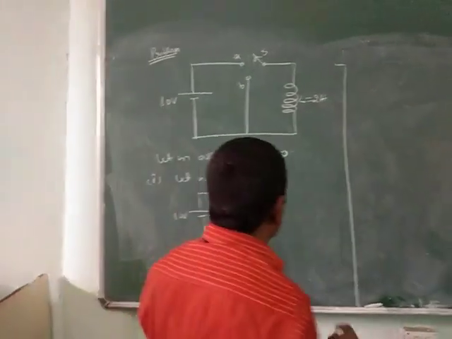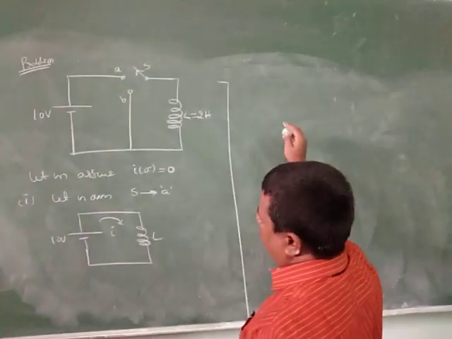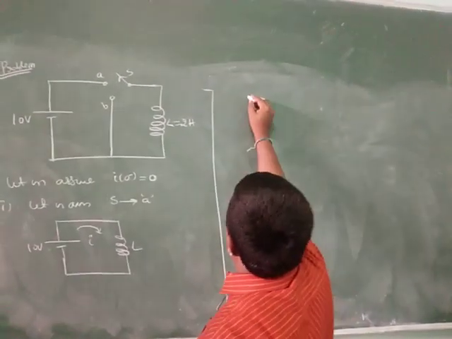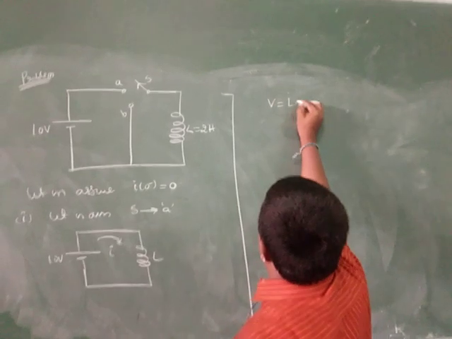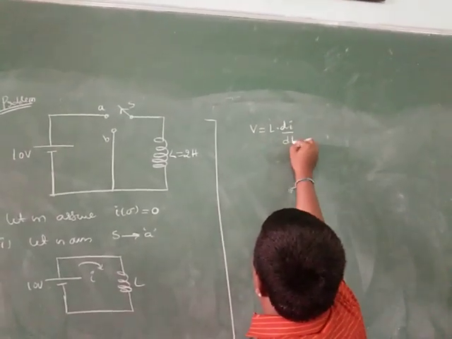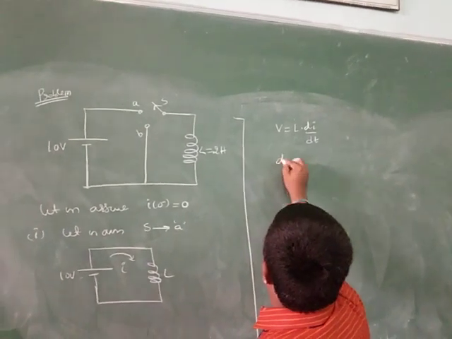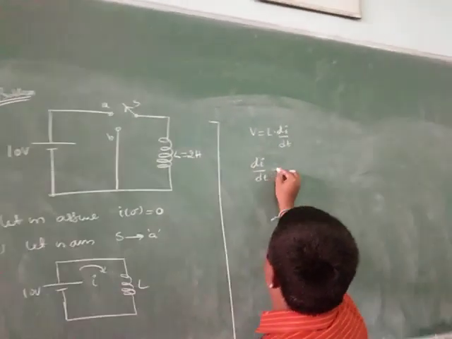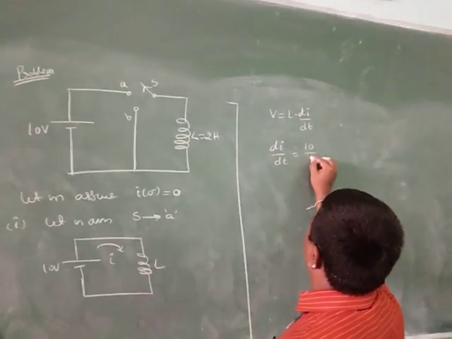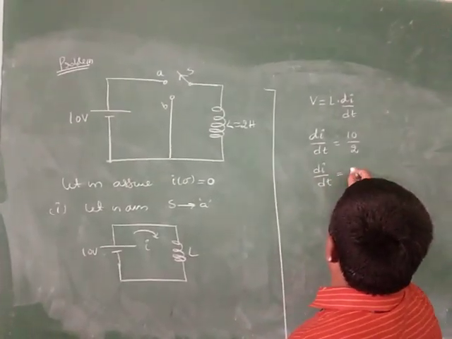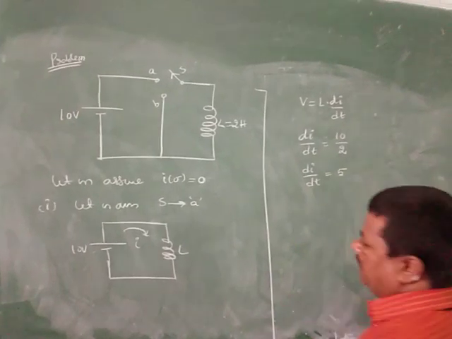Now, already we know that V is equal to L di by dt. So V is equal to L di by dt, that gives di by dt is equal to 10 by 2, then di by dt is equal to 5.